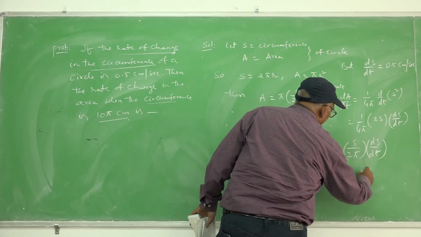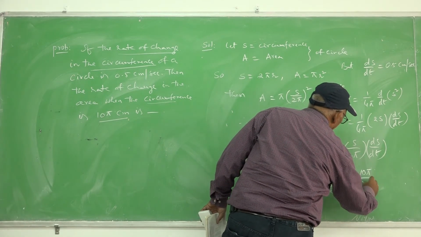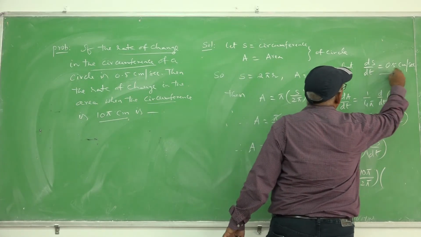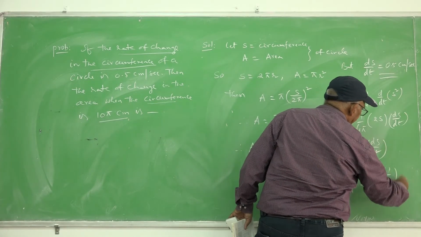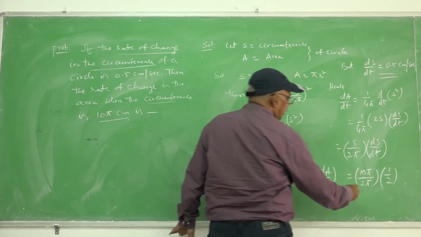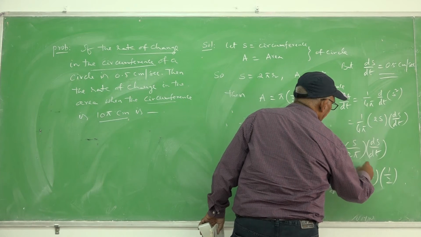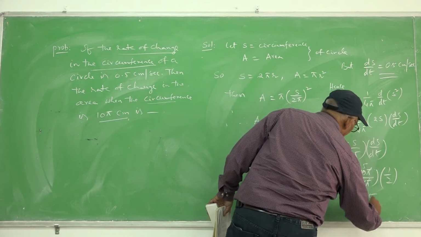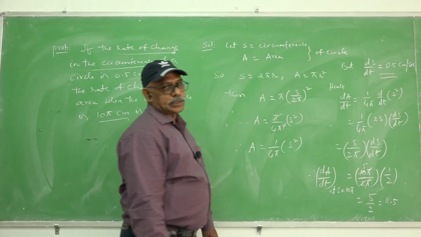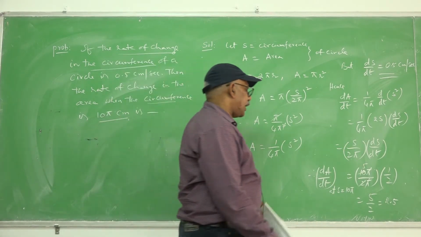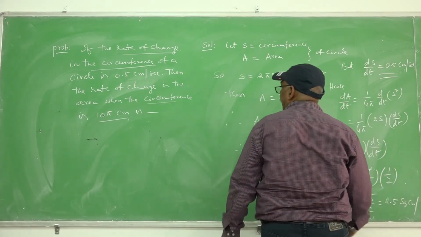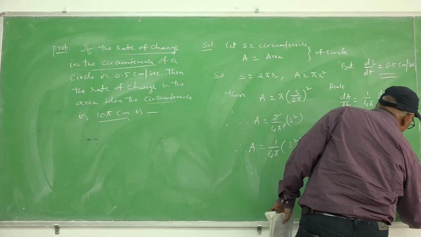That is given by 10 pi by 2 pi into ds by dt. ds by dt is given as 0.5. So pi cancels, 5 by 2, which gives us 2.5. Since this is change in area, the unit is square centimeters per second.